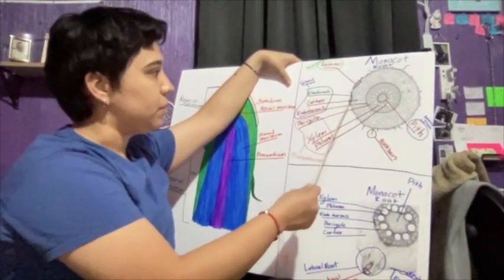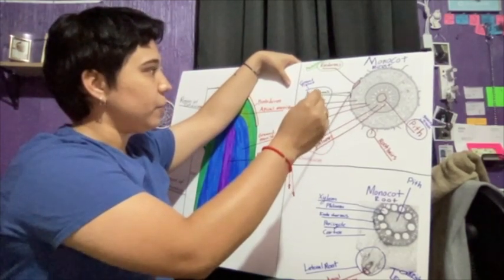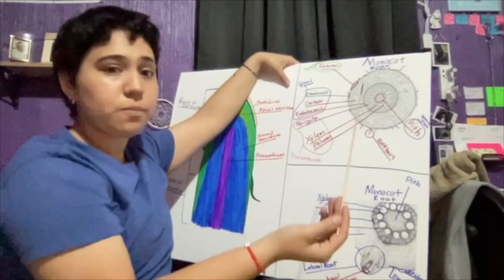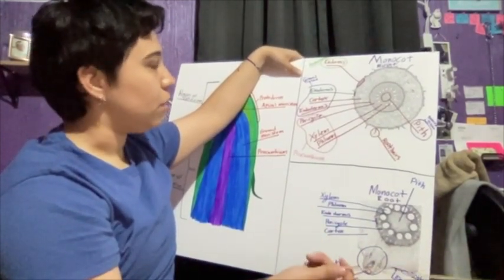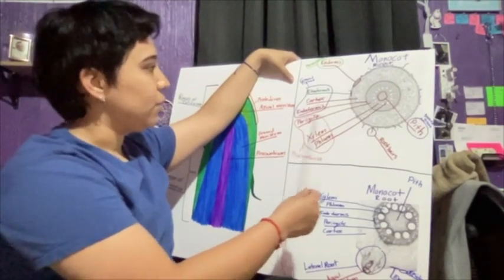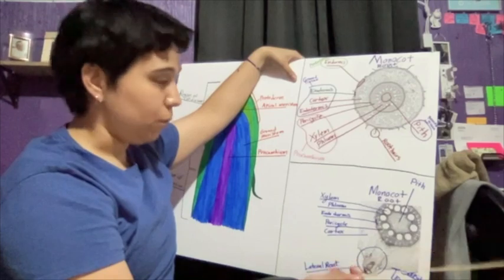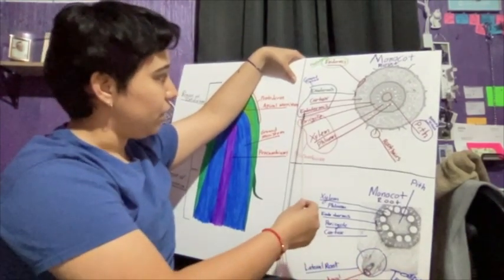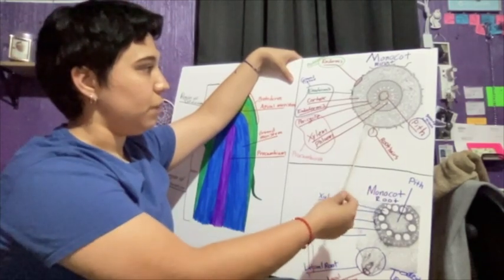The exodermis basically is the second layer of protection, kind of like the epidermis, but it's just right underneath it. And then we have the cortex, which does everything that epidermis and exodermis don't do. And then we have the endodermis, the layer of protection around the pith, around the middle.